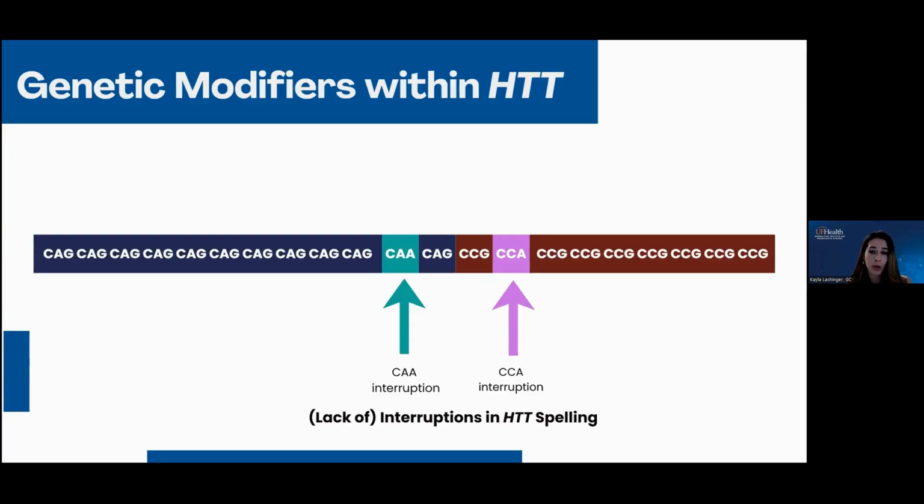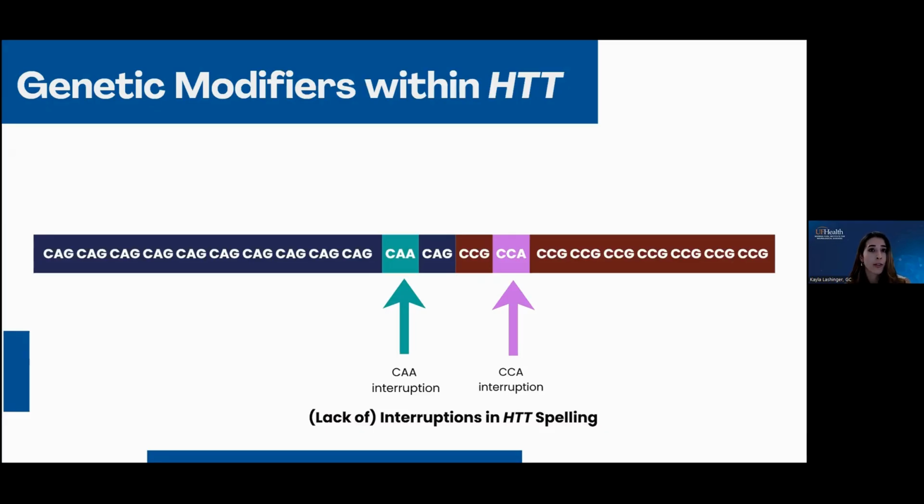And then we also know that some people actually have an extra CAA interruption. We think it might help symptoms start at a later age, but this has not been entirely certain. It has been a bit contradictory in different studies, partially because it is already so rare, with only 5% of people having an extra or difference in the interruptions, and that makes it difficult for us to study.